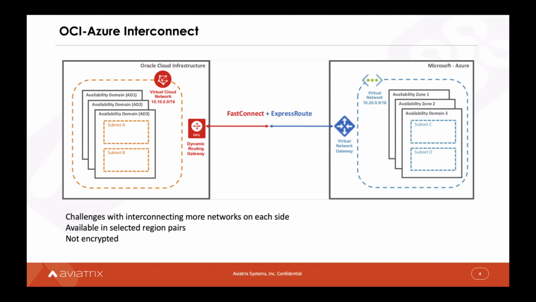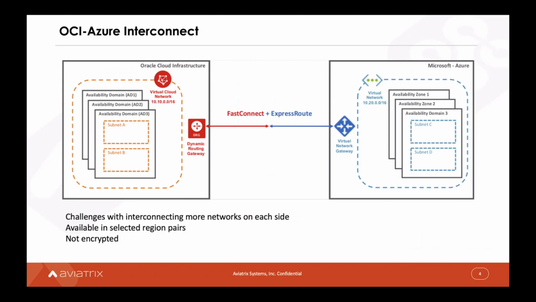Exactly. So this is one of the first challenges that our solution, our approach, is trying to tackle. Second of all, for this very specific service, it's not available in all Oracle and Azure regions. There are a few pairs of those regions worldwide where you can enable this service.